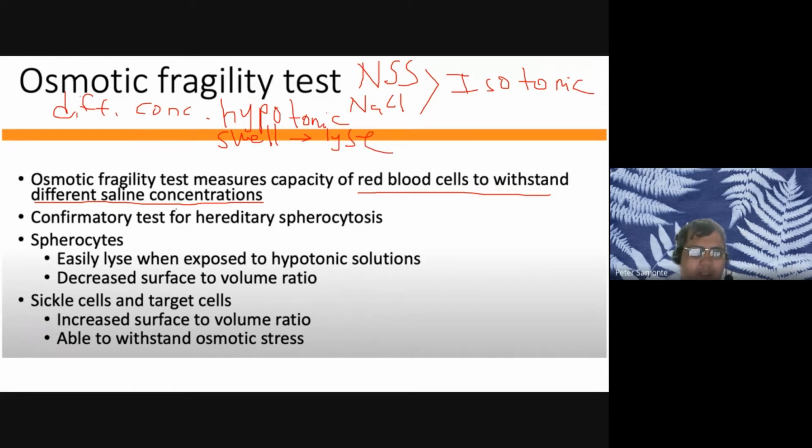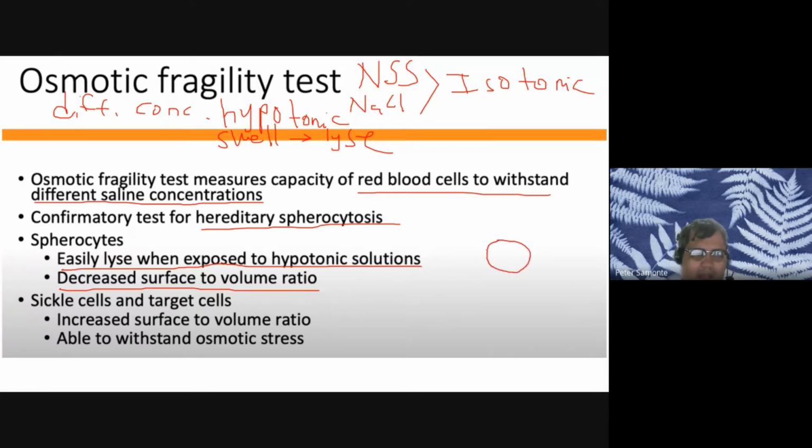Now, your osmotic fragility is a confirmatory test for hereditary spherocytosis. If you recall, class, ang mga spherocytes niyo have decreased surface to volume ratio, and they would easily lyse when exposed to hypotonic solution. Imagine this would be your RBC.